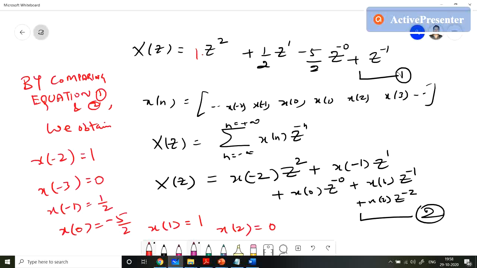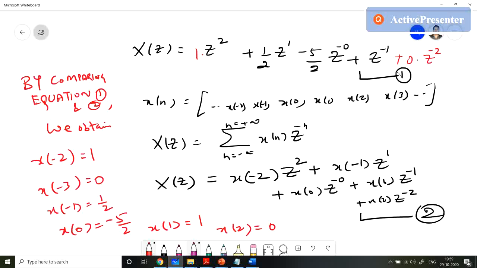Then x[2] is equal to 0, because here we don't have any z raised to the power minus 2, so basically there is no coefficient. So x[2] is equal to 0, and from 2 to infinity it is 0, there is no coefficient.